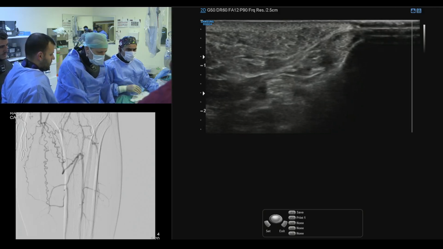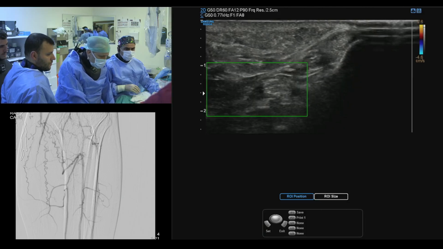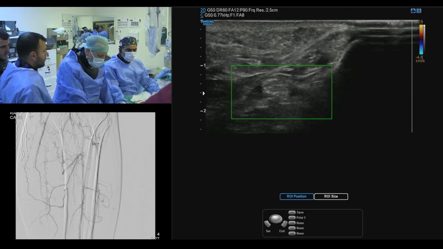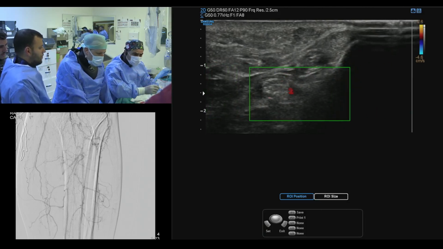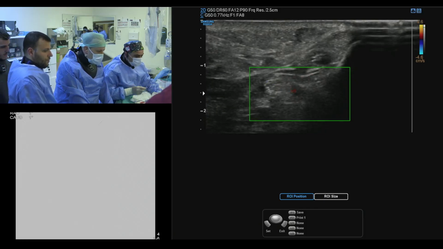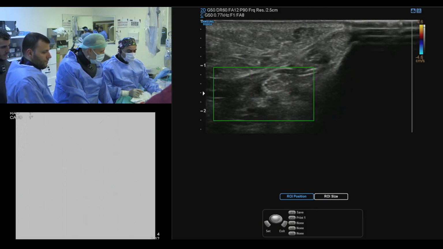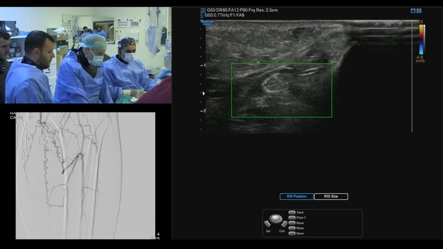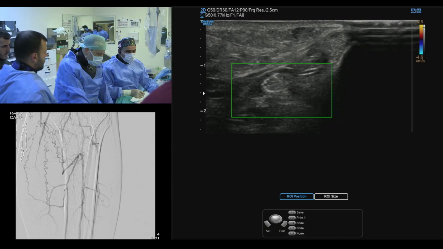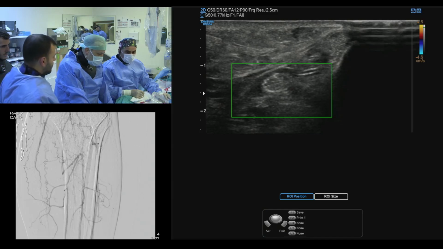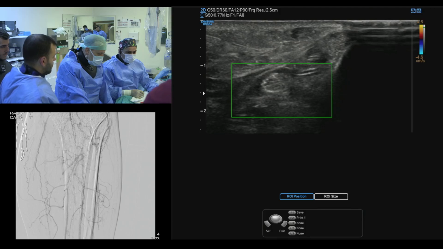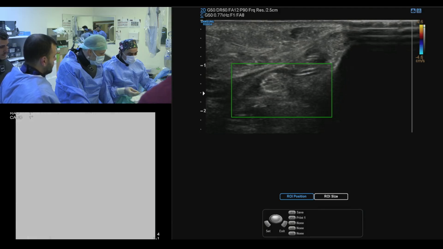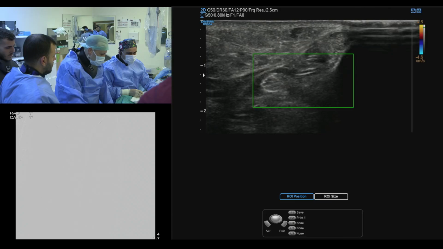Sorry, I couldn't hear your questions. As you can see in the angiography, we have an ambiguous SFA CTO and Buerger disease. What is your opinion on this patient?